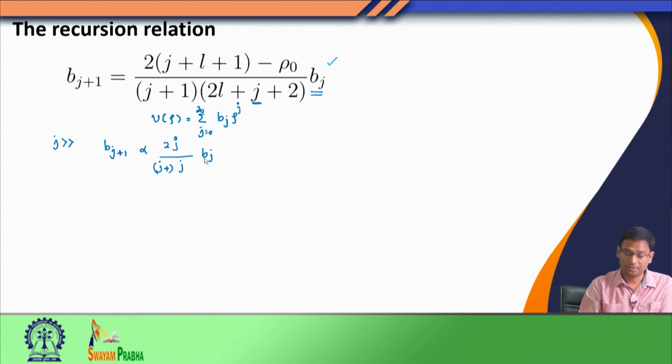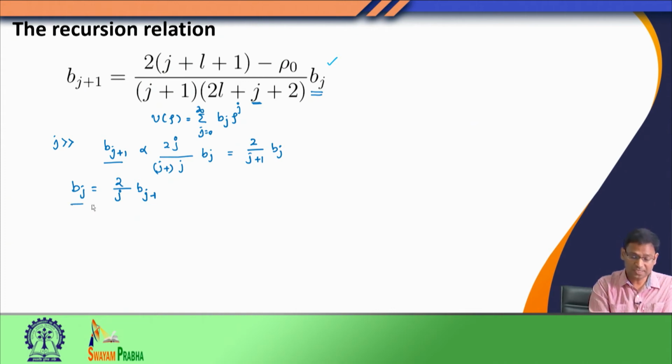This multiplied by Bj, this would simply say you have 2 into j plus 1 B of j. In other words, I can write Bj, instead of writing 2 divided by j plus 1, I write 2 over j minus 1, where j plus 1 is replaced by j and j is replaced by j minus 1.